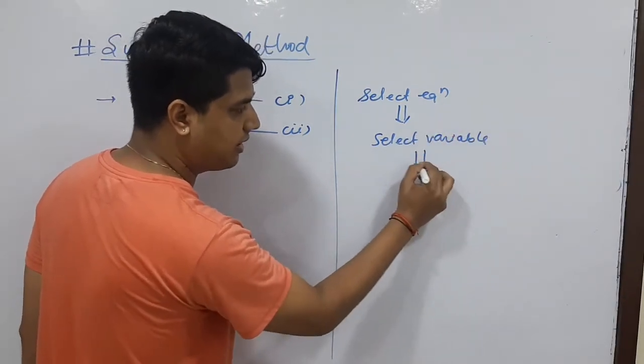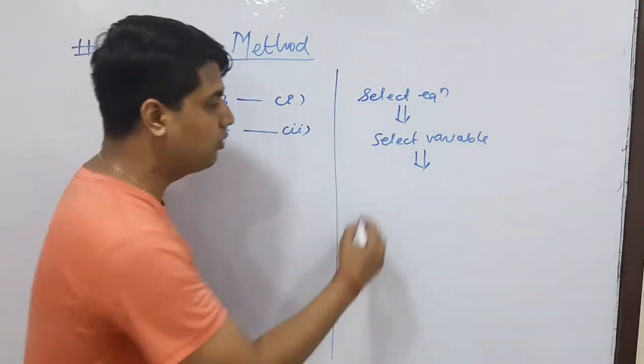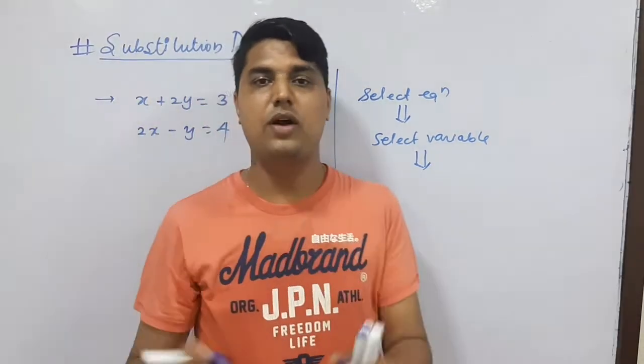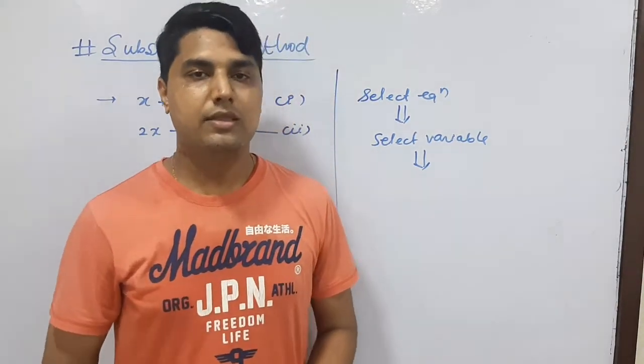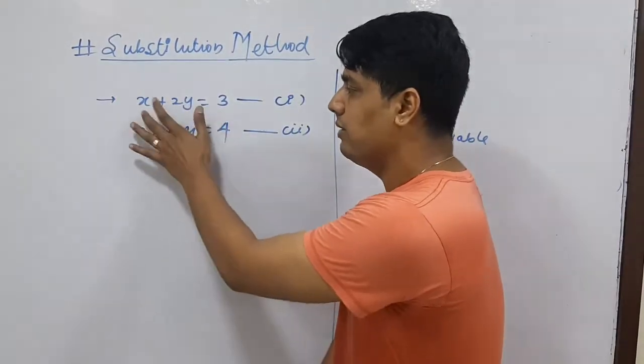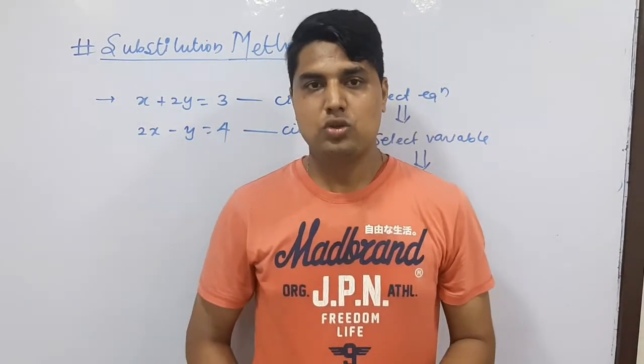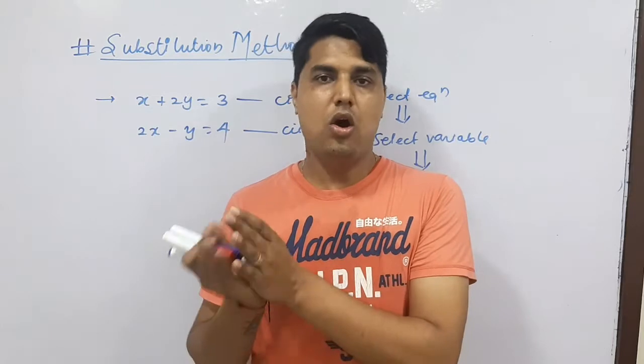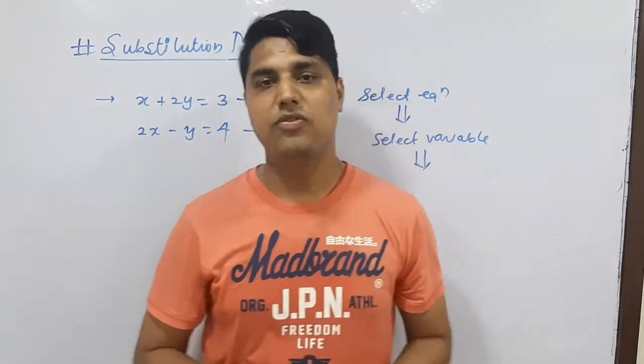After selecting the variable, we find its value in terms of the other variable. Suppose in equation 1 there are two variables. I can find the value of x in terms of y, or y in terms of x.